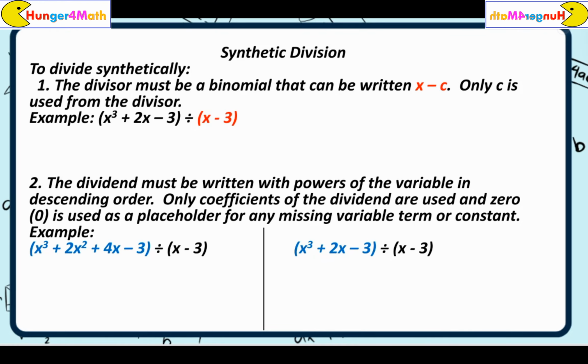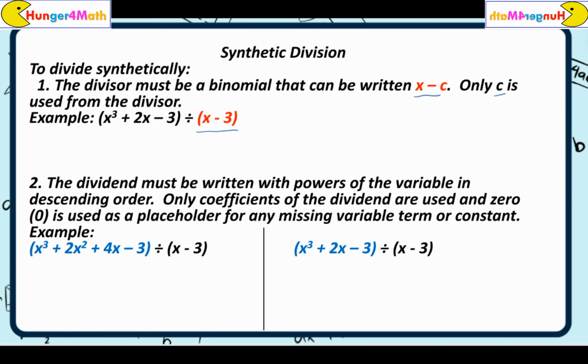Here, to divide synthetically, number 1, the divisor must be a binomial that can be written x minus c, and only c is used from the divisor. So for example, here we have x cubed plus 2x minus 3 divided by x minus 3, wherein our divisor is x minus 3.